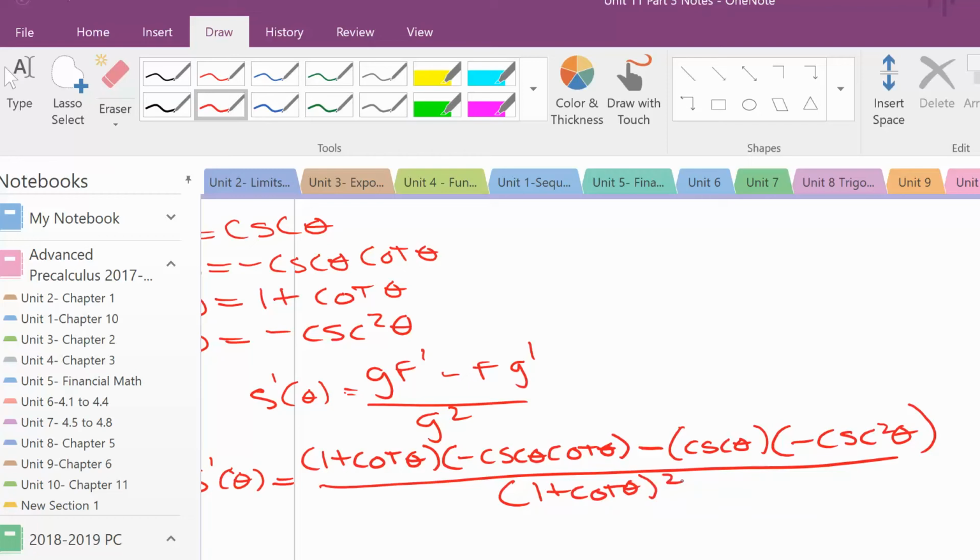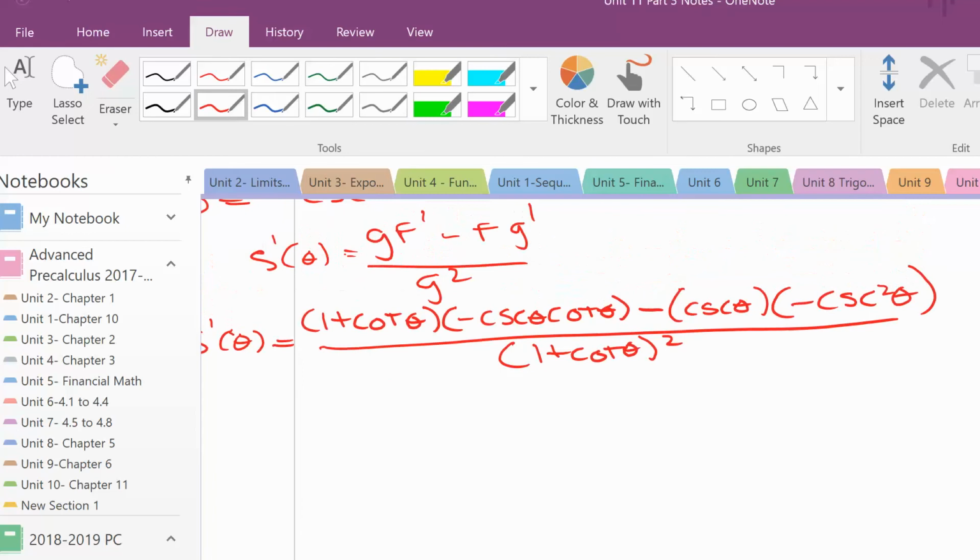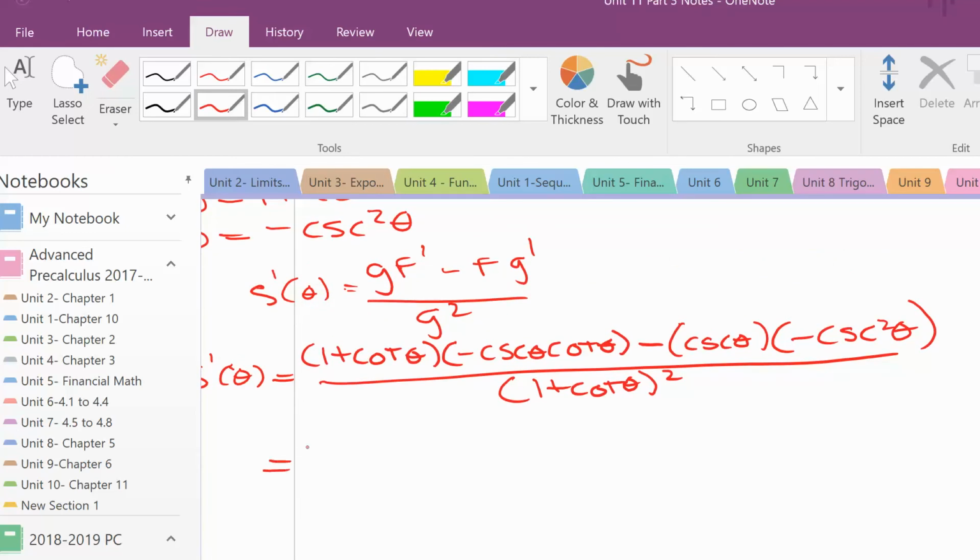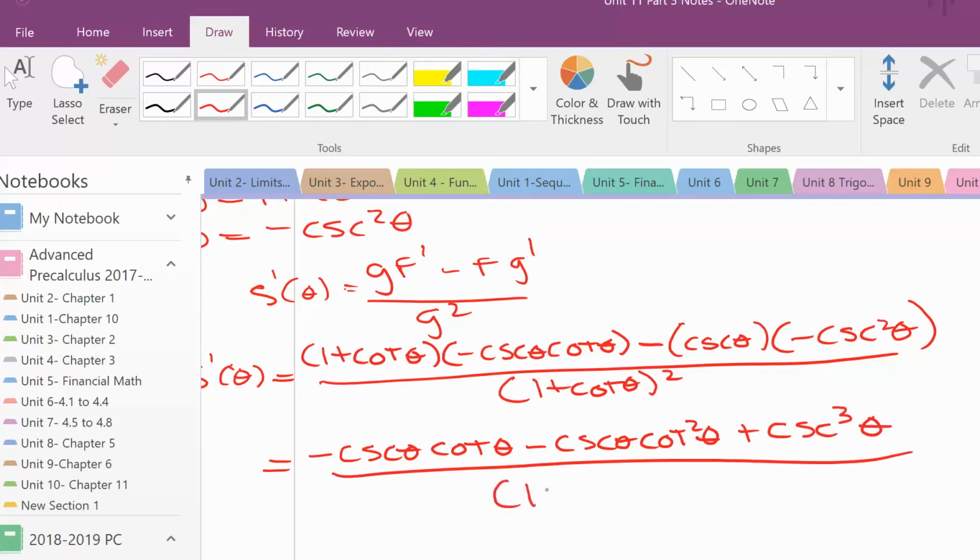All right, so then when we distribute, we get negative cosecant theta cotangent theta minus cosecant theta cotangent squared plus cosecant to the third all over 1 plus cotangent theta squared.